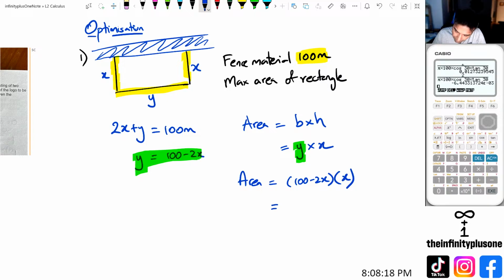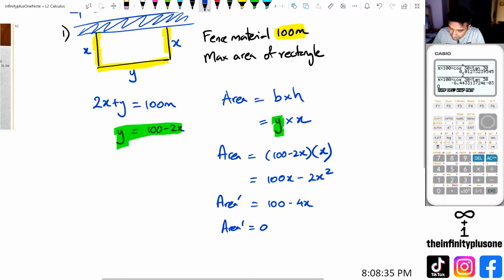All right, so next we're going to expand the brackets. Expanding the brackets, we get 100x minus 2x squared. We differentiate, which gives us 100 minus 4x. And we know that the derivative equals 0 to find a minimum or maximum. So we've got 100 minus 4x equals 0.